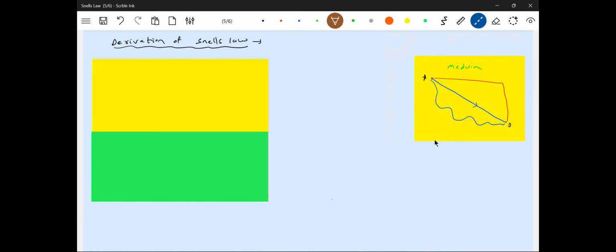Some reference lines I'm drawing for my sake, and this is the boundary, or what you can call an interface. This is medium one, and this is medium two.